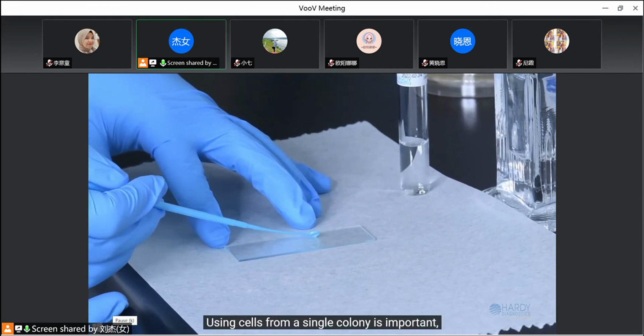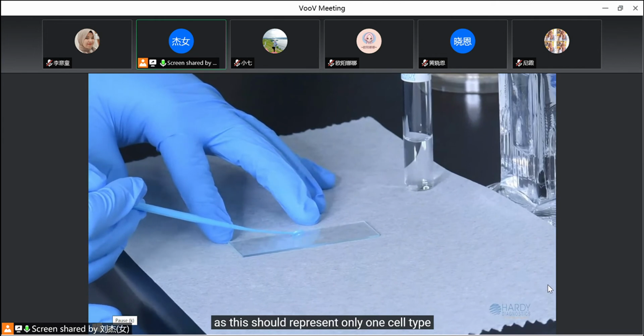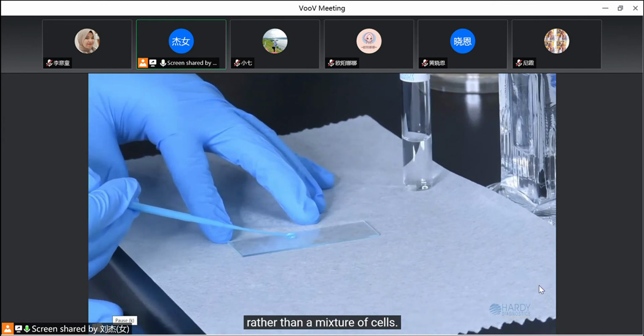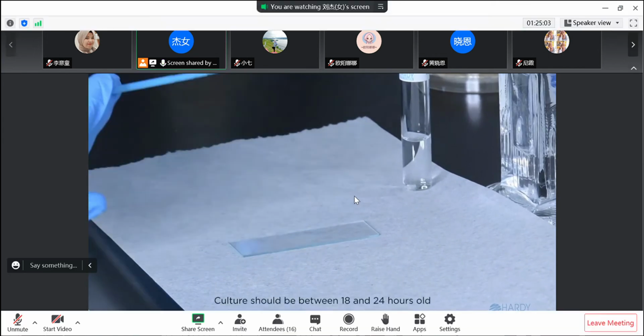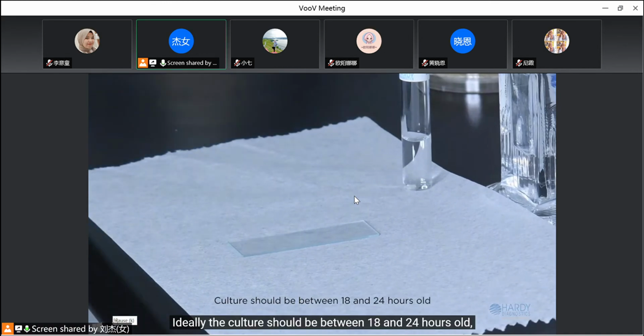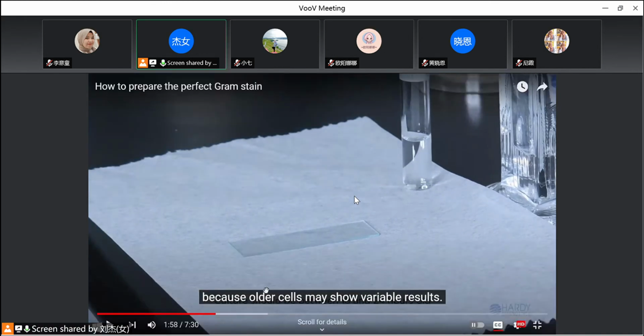Using cells from a single colony is important, as this should represent only one cell type rather than a mixture of cells. Ideally, the culture should be between 18 and 24 hours old, because if you get bacteria from a culture in the laboratory, it is better to get a single clone.